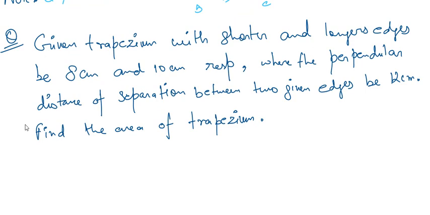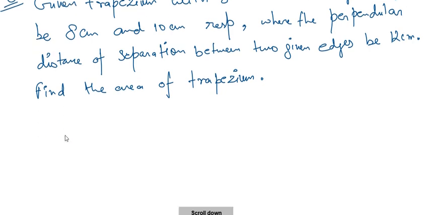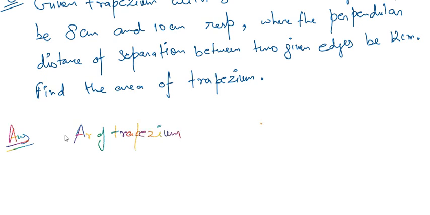Okay, so let's quickly set our pen, and here we definitely apply the formula which we have just deduced. Area of trapezium. See, let's make it more interesting. Let's draw the trapezium and visualize the edges, visualize the question more clearly.